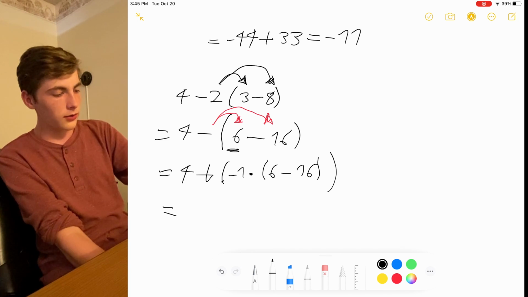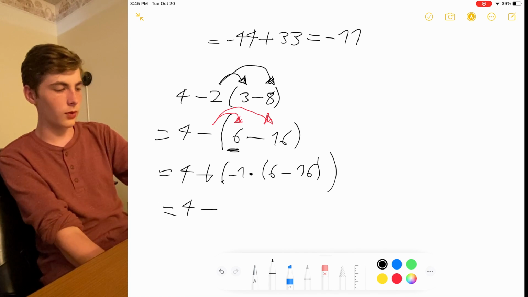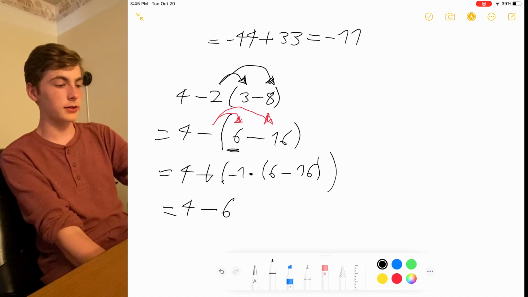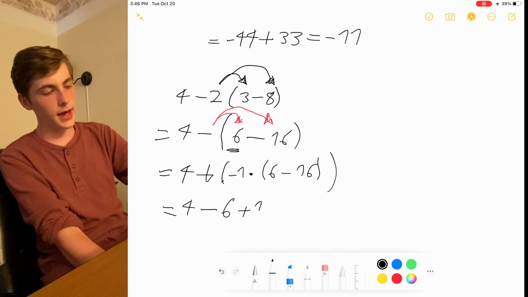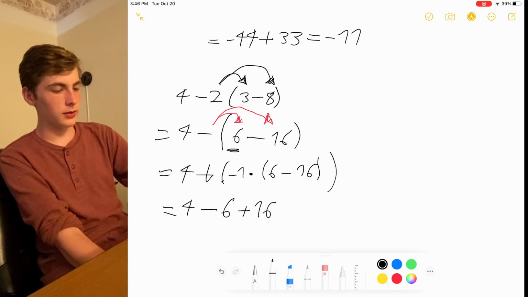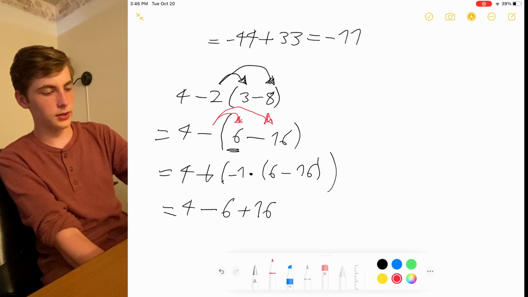And so now you can see more clearly that 6 is going to become a negative 6, so it's going to be 4 minus 6. And then this negative 1 is going to multiply by negative 16, which is going to make a positive 16. So we're going to be adding 16. And so this would be the correct answer right here.